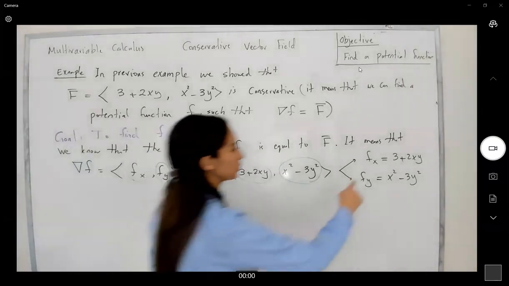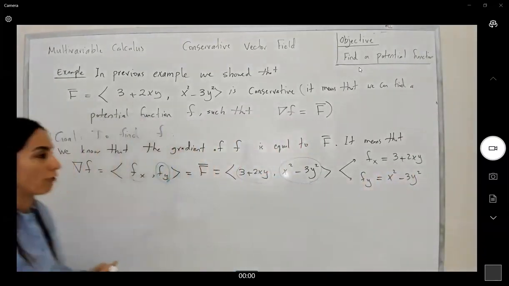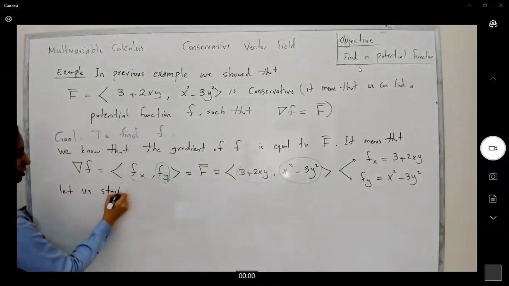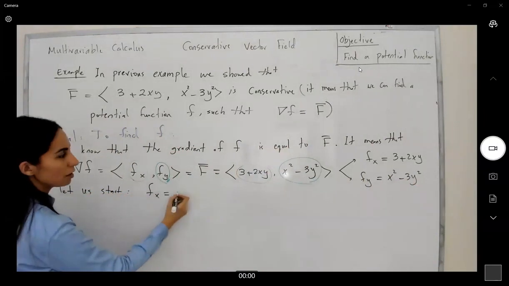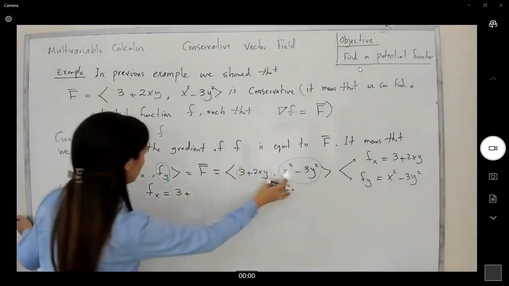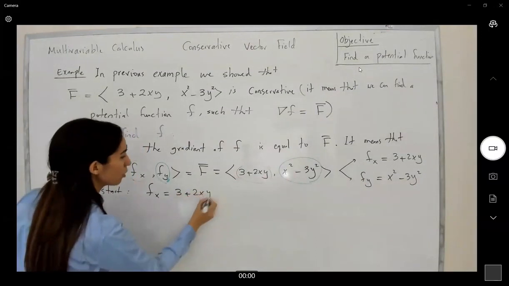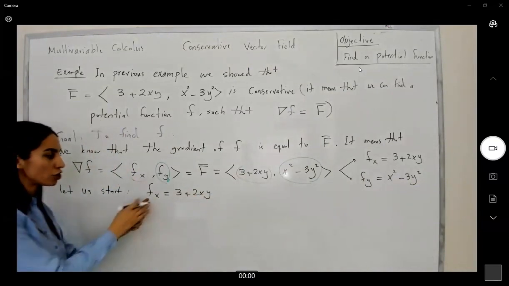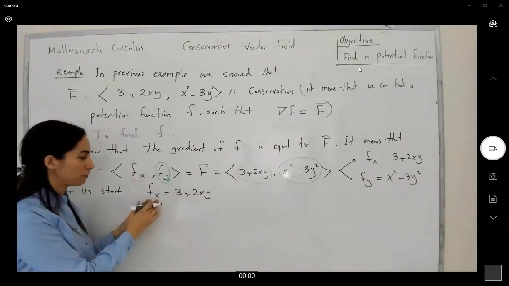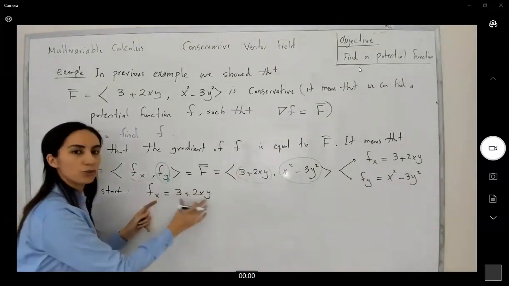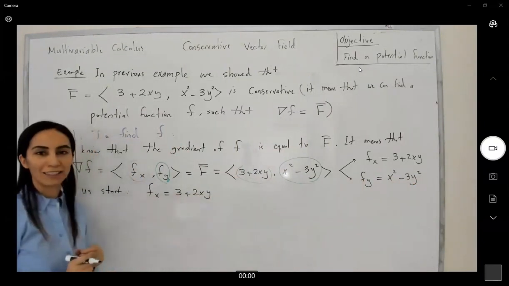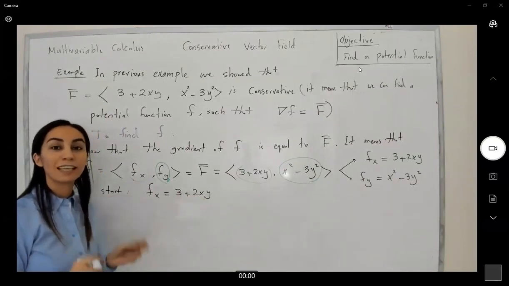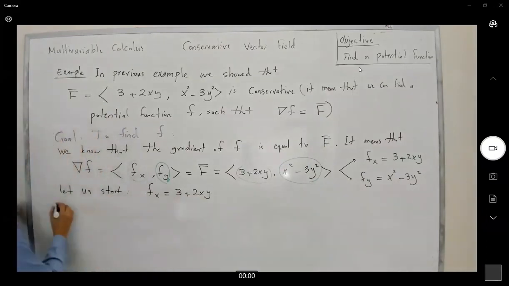So I'm going to start by writing f_x equals 3 plus 2xy. Okay, perfect. So what do you have? It says the partial derivative of f with respect to x is equal to 3 plus 2xy. Here I have a partial derivative. The opposite operation is taking the integral.